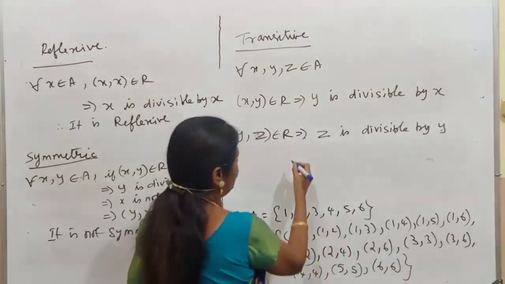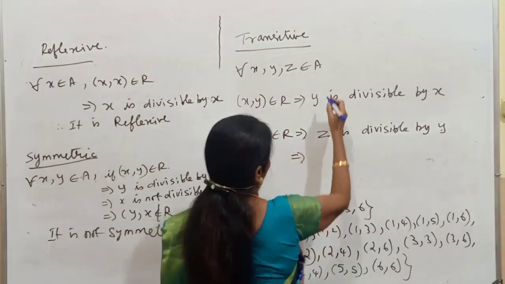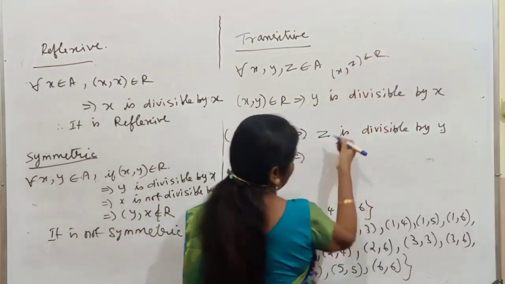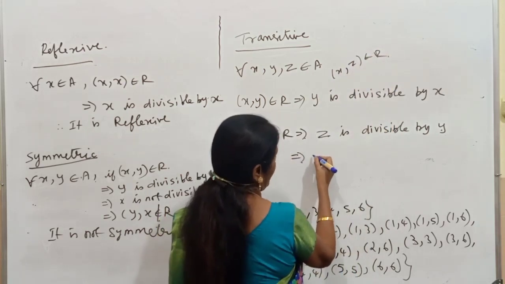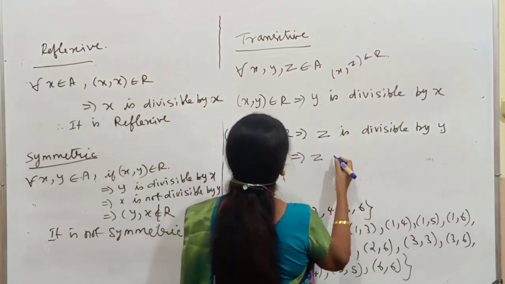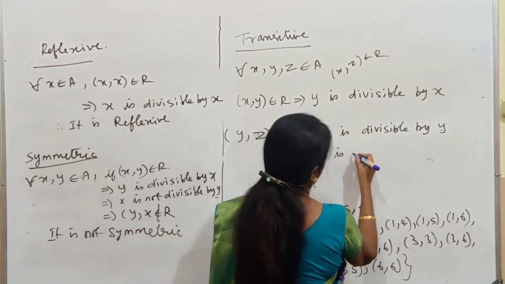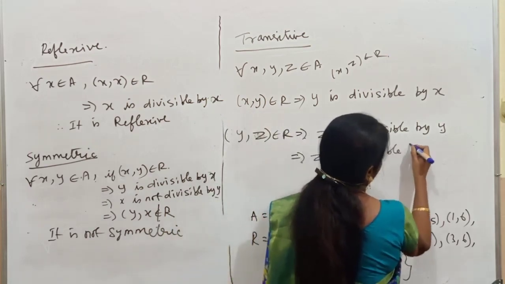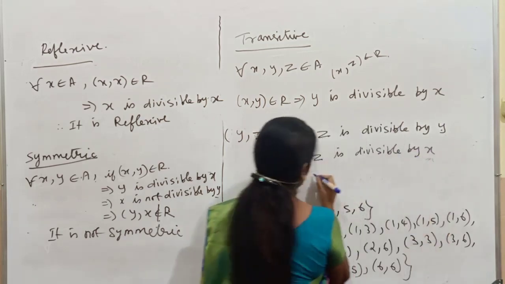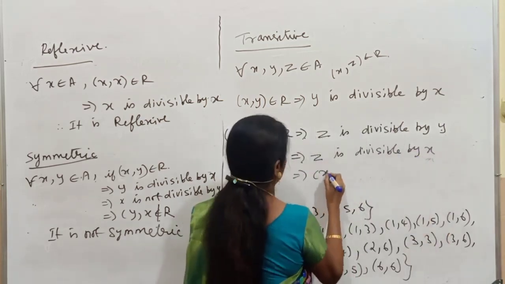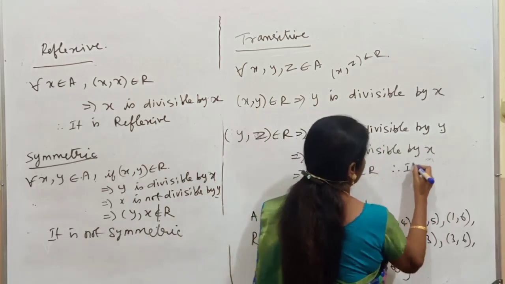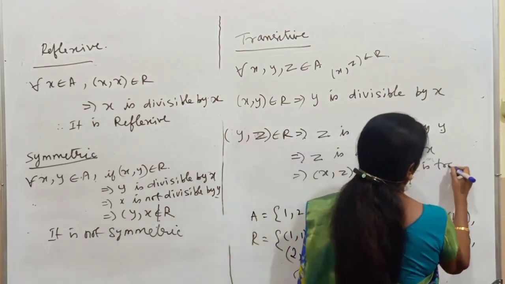Which implies you have to say that x, z belongs to R, which implies directly you say that z is divisible by x. After saying this, you can give one example. Therefore, it is transitive.